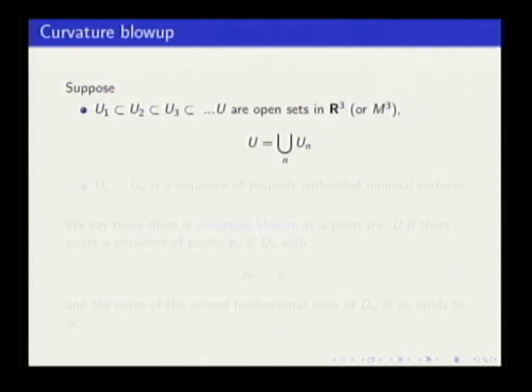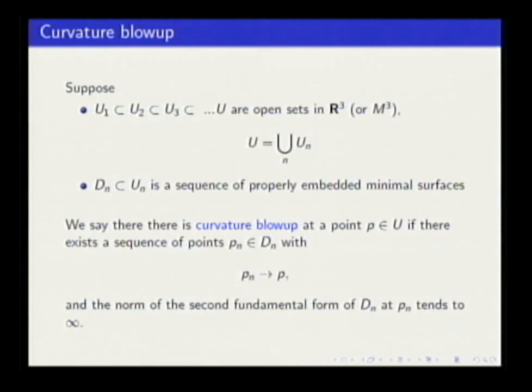And I say, if I have a sequence of properly embedded minimal surfaces, I don't need embedded here, we say there is curvature blowup at a point P in that set if I can find Pn in the surface Σn, and Pn converges to P, and the norm of the second fundamental form tends to infinity. That gives you that the Gauss curvature tends to infinity.